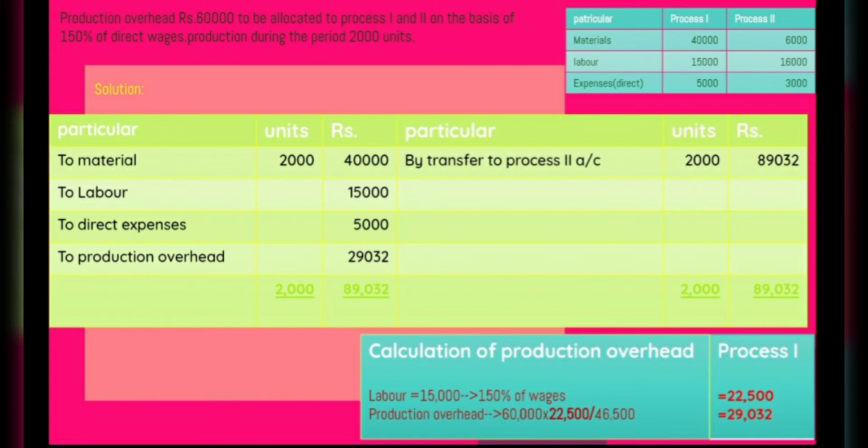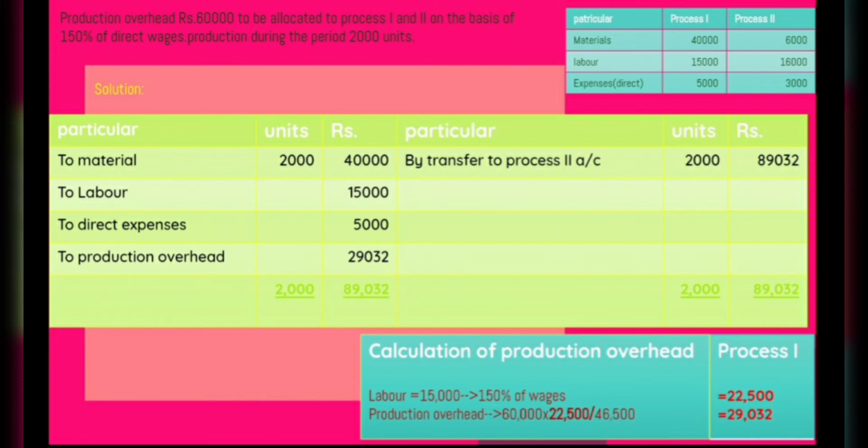Then we have to find the production overhead. Here the production overhead calculation is given below. Check it. Labor is 15,000. 150% of wages is 22,500.